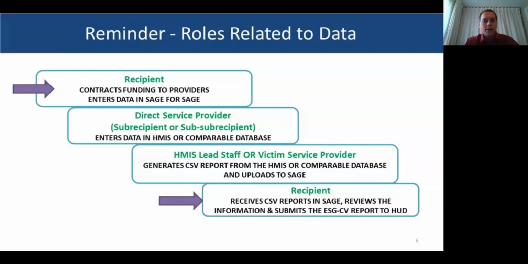She says, so as the HMIS lead, we would have reporting groups set up according to the bundles that the recipient sends, and then run the CAPER to generate the CSV. That is correct, and I didn't say that earlier, but it's a good reminder that you're really just running the CAPER for your quarterly reporting that you already have programmed in your HMIS or your comparable database. It is the same exact formula, so yes, you're going to run that CAPER by each bundle.